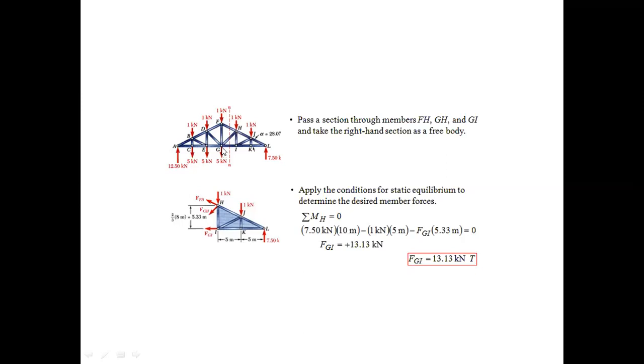Moment is taken about H. The force acts at G, and the force through L tries to rotate this whole object anti-clockwise about H. Now this distance, G to I: H to I is 5.33, and the force in GI will try to rotate about H in the clockwise direction, that is why it is negative.